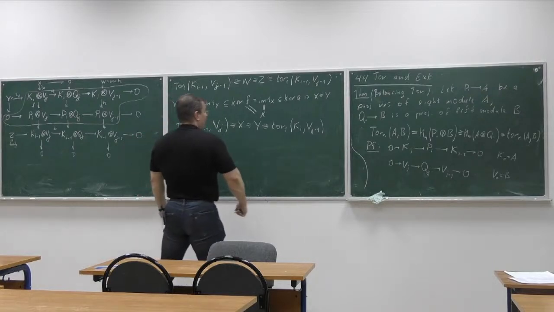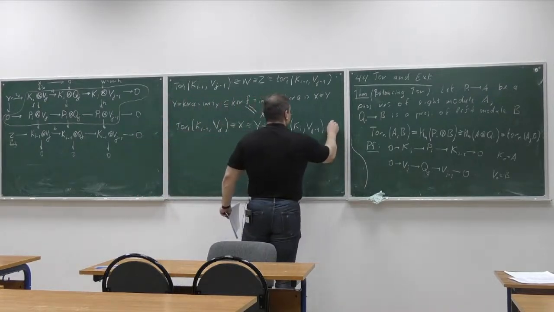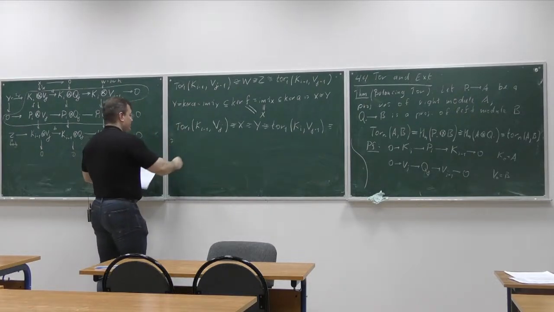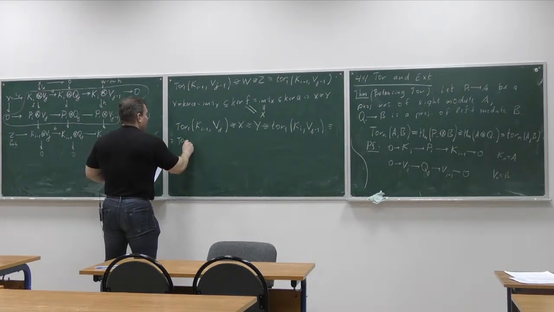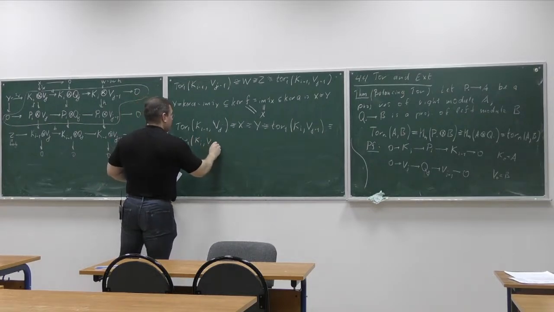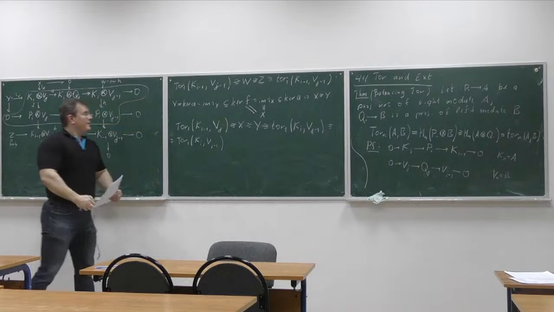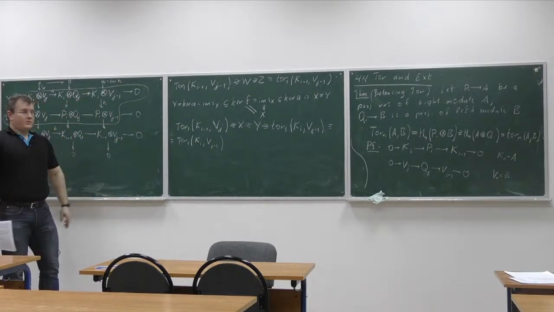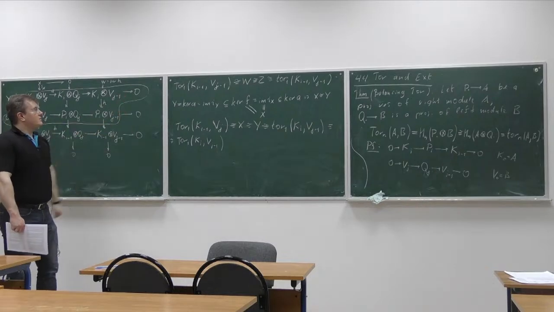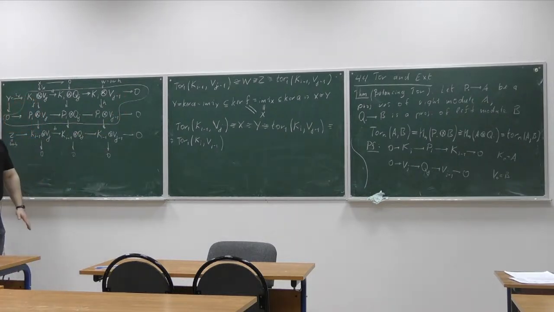And finally, I can combine this with my first computation and say that this is also isomorphic to Tor 1 of K i, V j minus 1. Right? Because I know that I can replace Tor 1 with the large T and with the little t if I keep the same arguments.